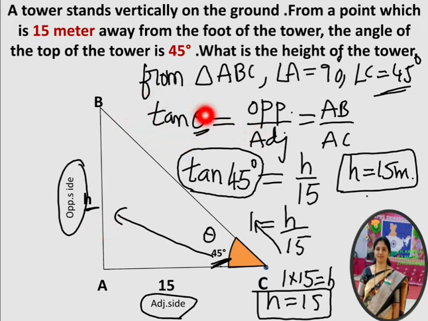So choose the tan theta formula and just substitute the values. Here we know theta is 45 degrees, the opposite side is h, and the adjacent is 15. So tan 45 is equal to h by 15. We know that tan 45 is 1, so 1 is equal to h by 15. By doing the cross multiplication, we get the h value. H is nothing but 15 meters.